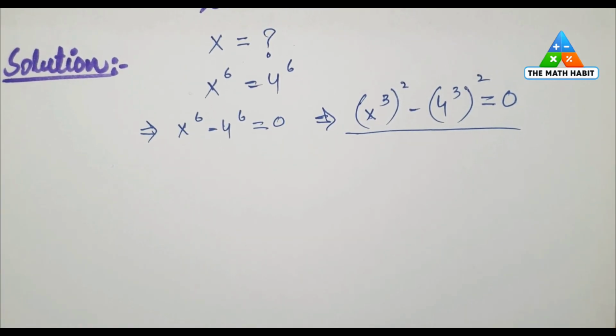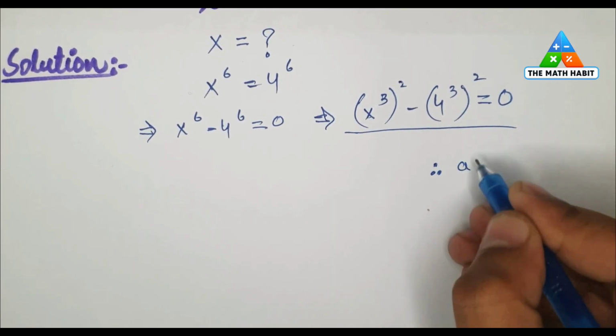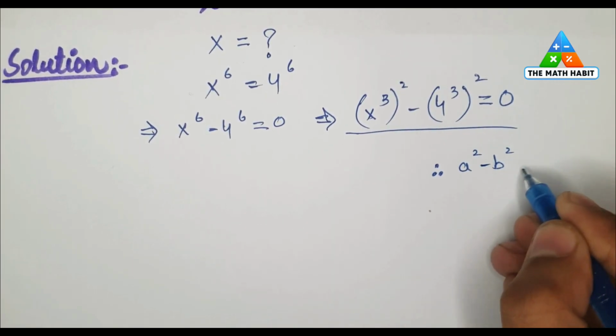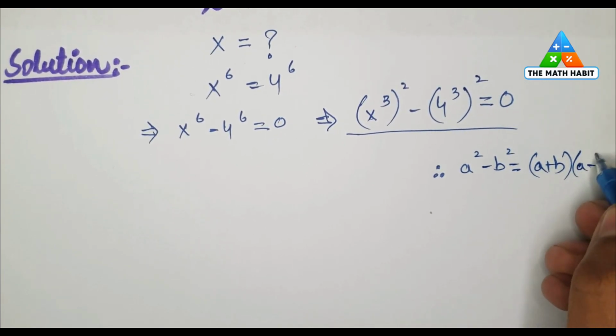Now you can see that we can apply the formula a square minus b square is equal to a plus b into a minus b here.